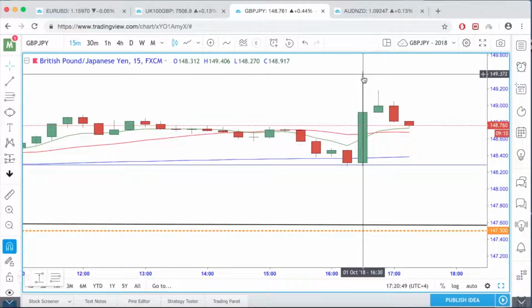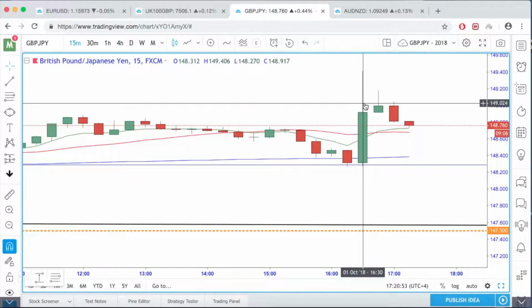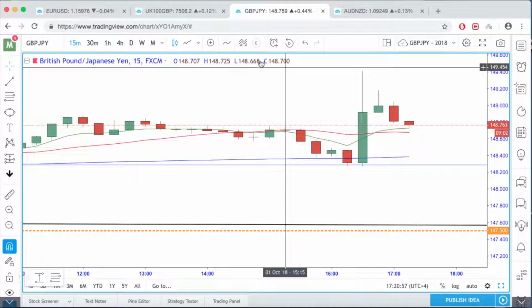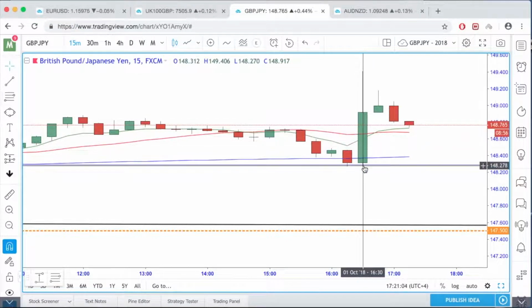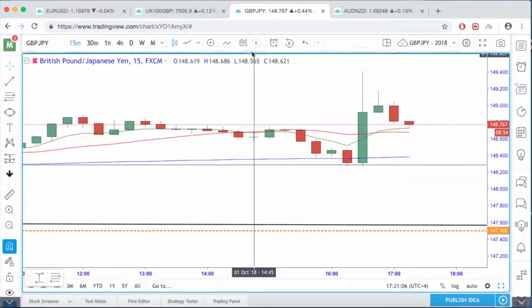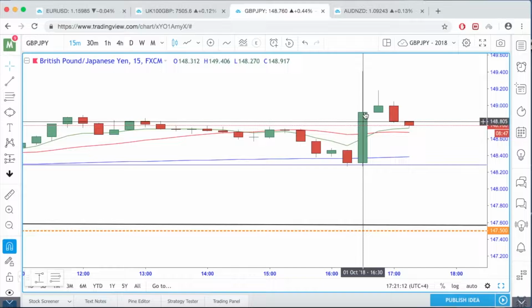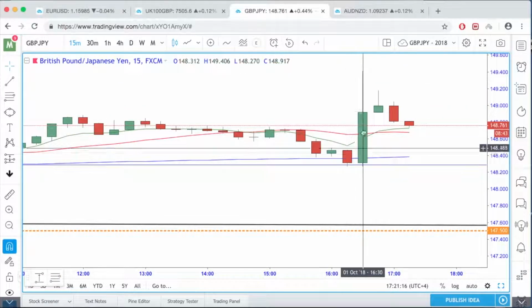Then within the time frame it did fall again, and it closed at 148.917, which is just there. That's where it closed. The lowest point it got to was here, which is 148.270, sorry.